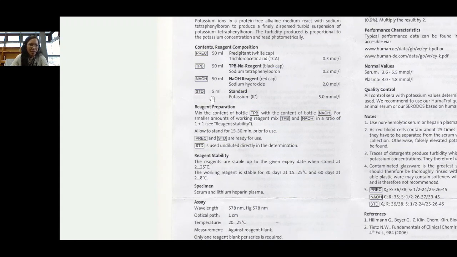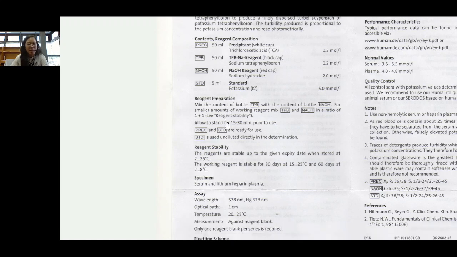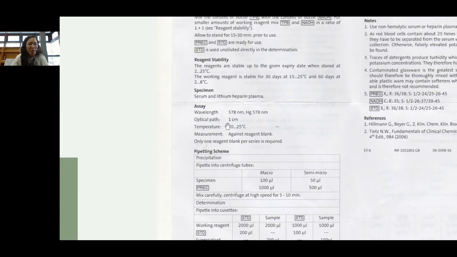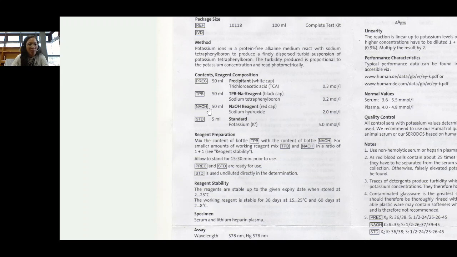So, first thing, before performing the mixing of your sample and reagent, since we have two reagents presented here, we need to do a reagent preparation first. So, you need to mix the content of your bottles dun sa TPB nyo, your tetraphenyl boron, with the content of your sodium hydroxide. And then, na-emphasize dito po yung ratio.